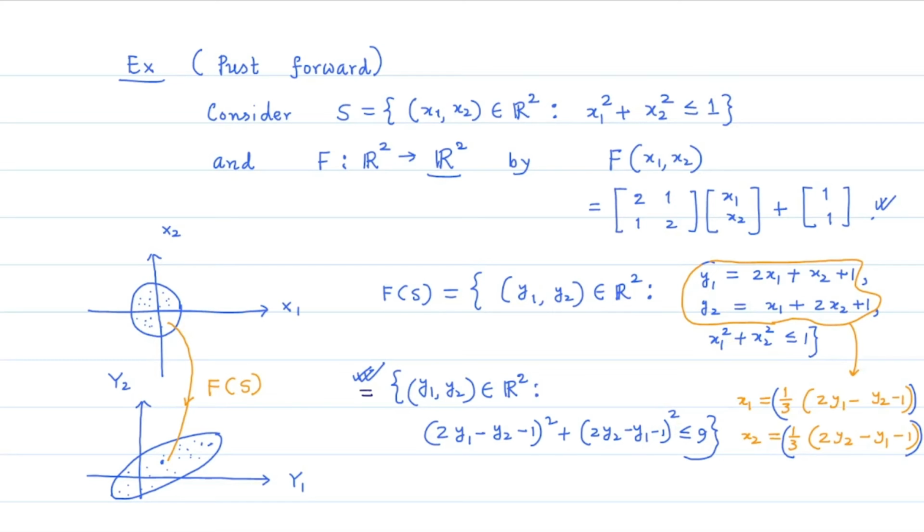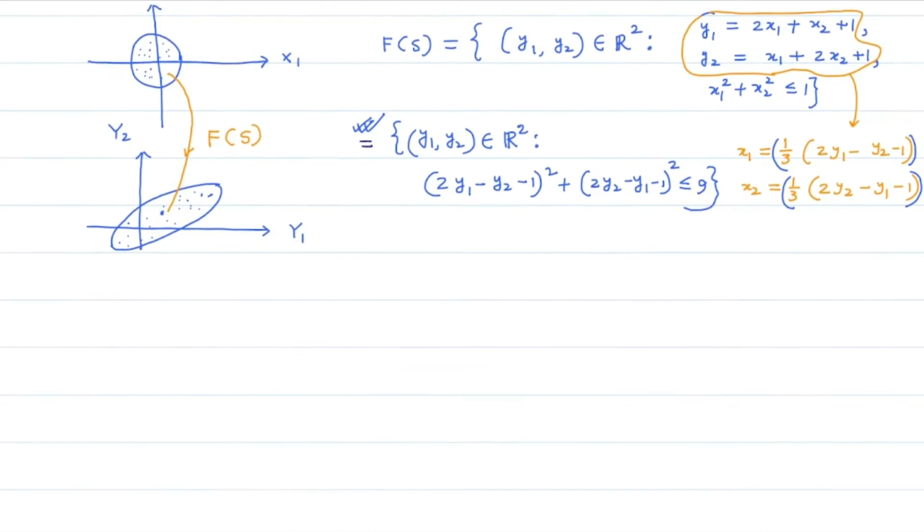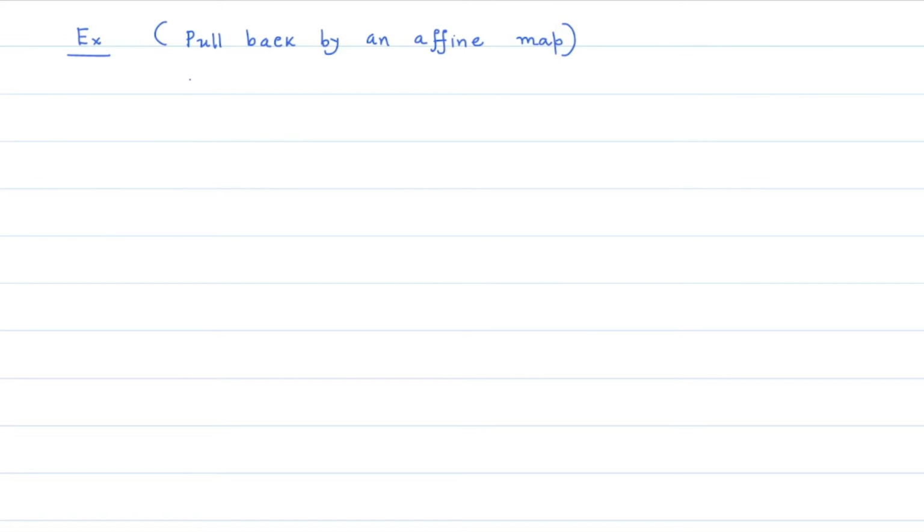Now I will consider an example on pullback of a convex set by an affine map. We consider the set capital S a convex set. We simply consider, say, a convex set in the real number line, that is an interval, say 1 to 4, and we consider a real valued affine map defined on the R^2 plane, that is given by, say, f(x1, x2) is equal to x1.